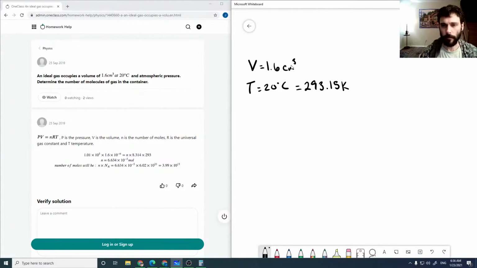So that's just adding 273.15. And at atmospheric pressure, so our pressure is 101.325 times 10 to the 3 pascals.